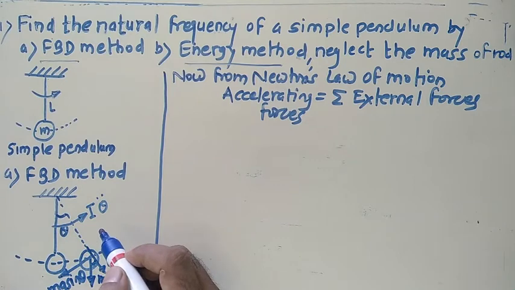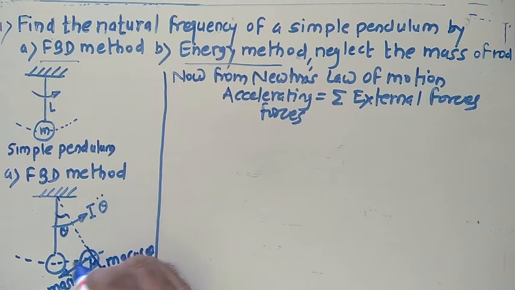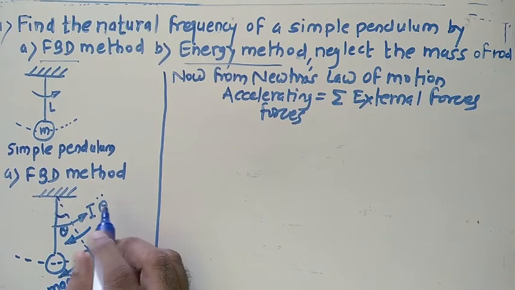And what about the next one? This component mg sin theta pulls the system in one direction, and this component restores its position at the mean position. So this is nothing but the restoring force or restoring torque.